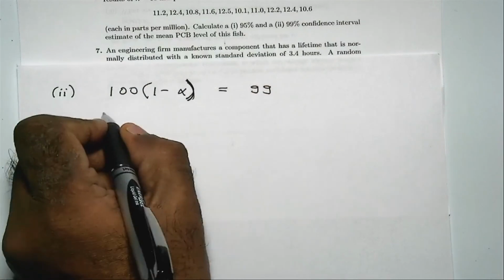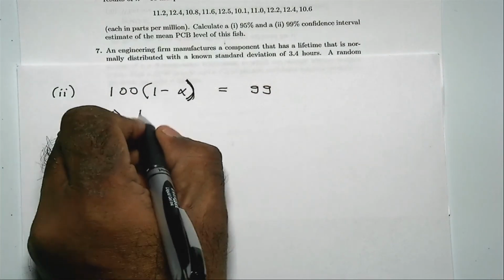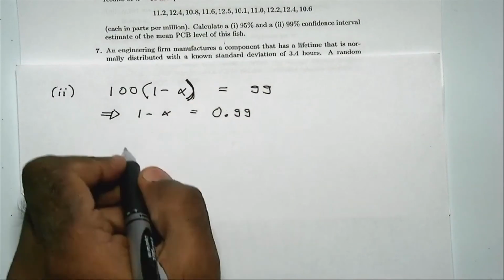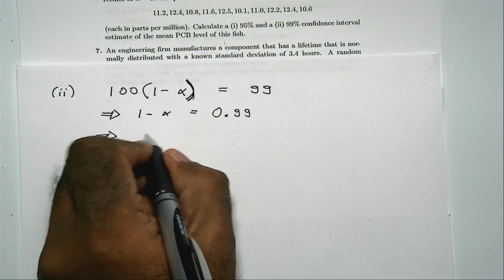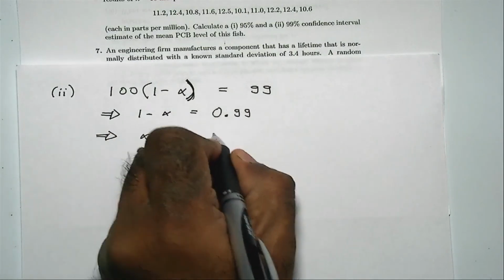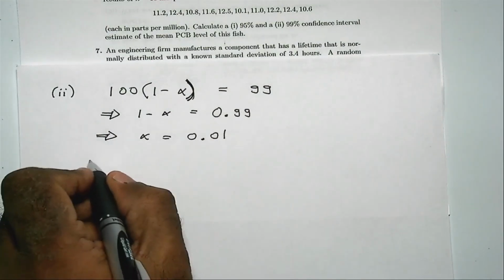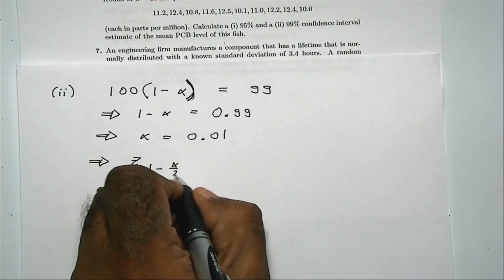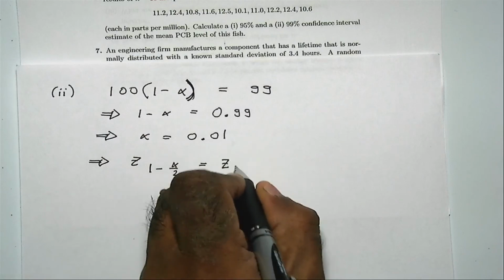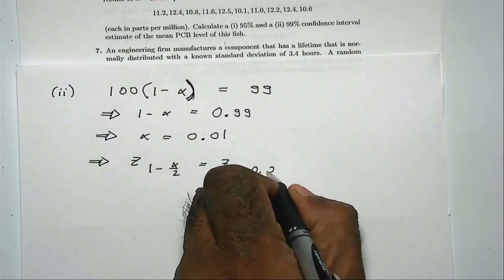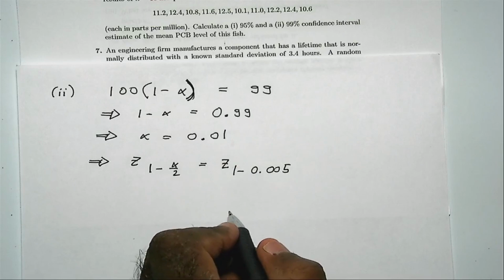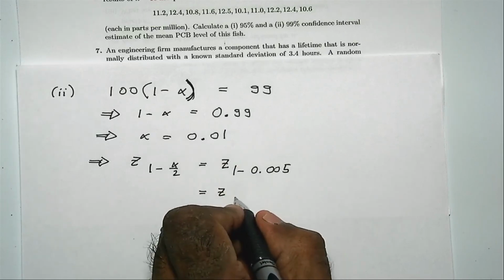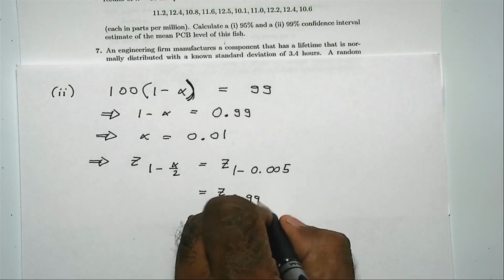So 1 minus alpha is this, your alpha is this, and so your z is this, and this is z 0.995.